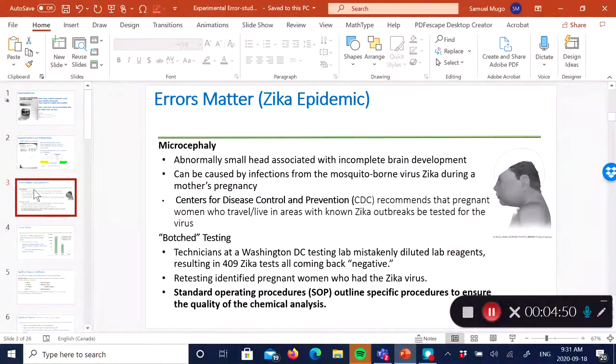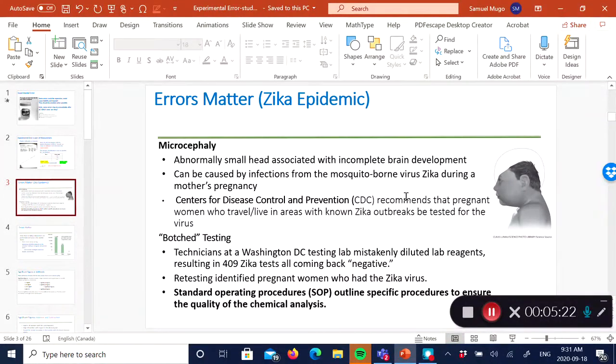Maybe just to emphasize some more, errors matter. You had this very significant case of a botched testing involving the Zika epidemic. All of us possibly know about microcephaly, a terrible disease that results from pregnant mothers being exposed to the mosquito-borne Zika virus.